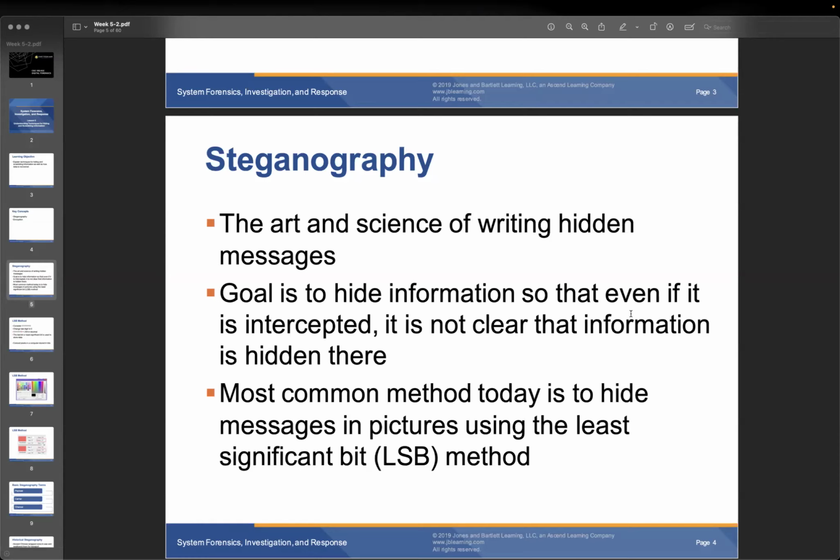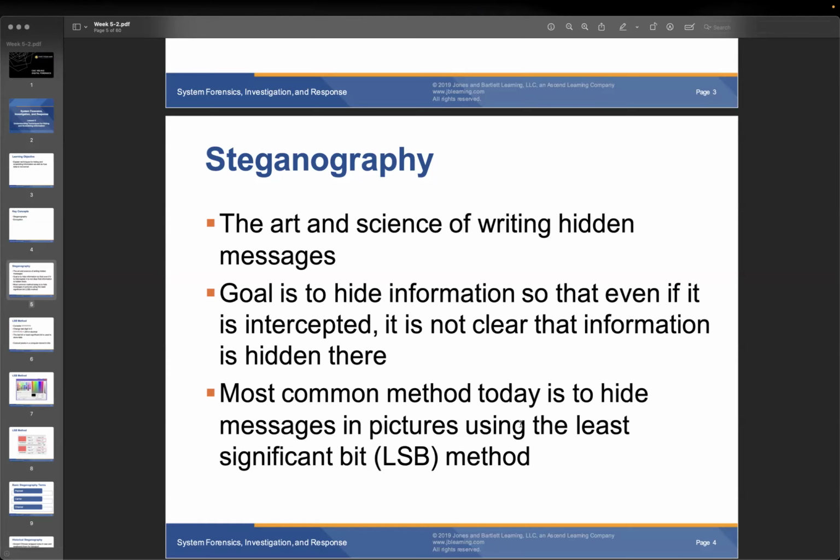For example, with a JPG image file, we look at the color bits, and if we change the bit pattern a little, changing the color, we can hide a certain message in a JPEG file, PNG file, or other image file.